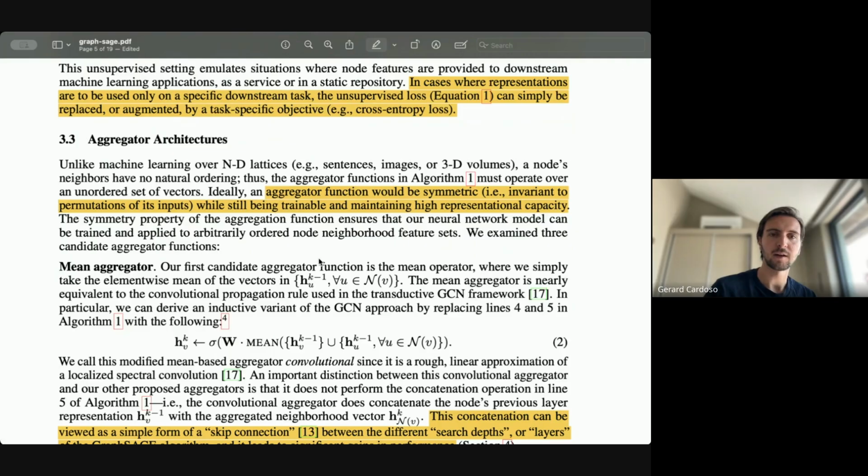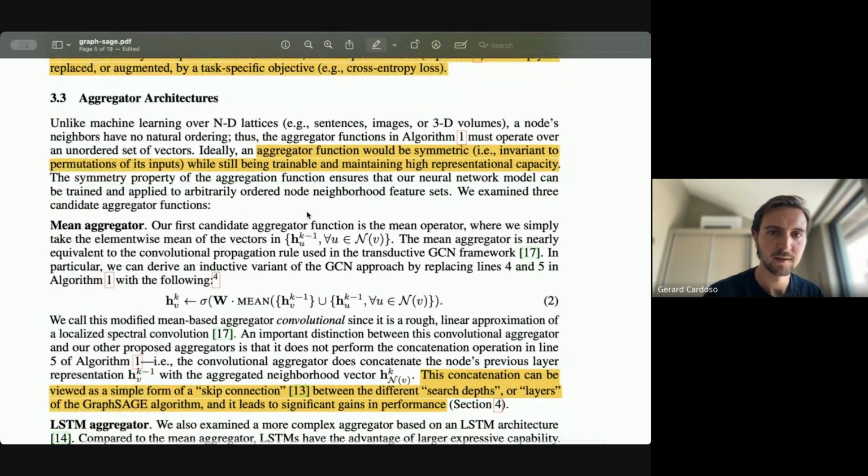And they explore how ideally these functions should be symmetric, because the same set of nodes in different order should provide the same output. But some of these aggregators are not symmetric, but still work well.